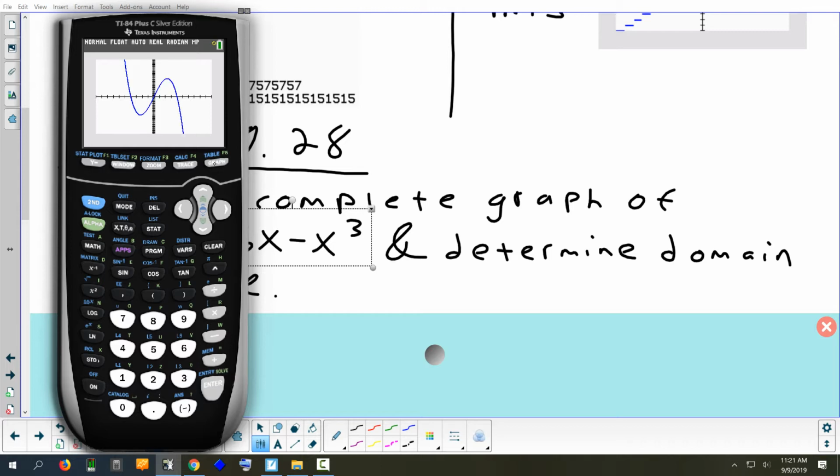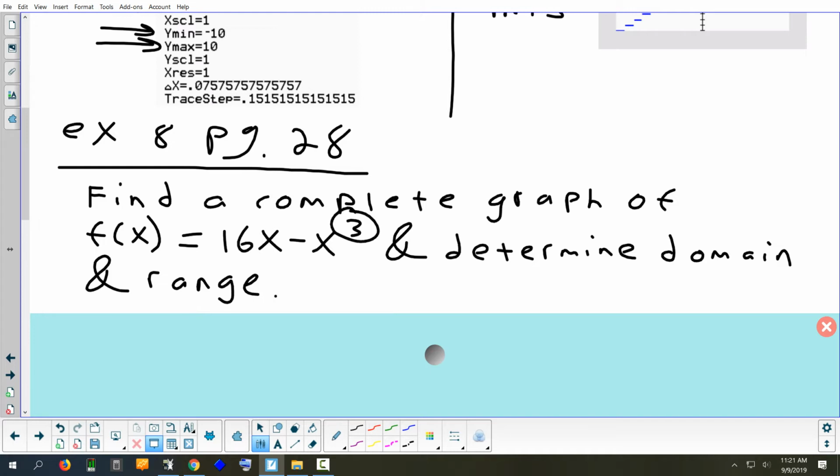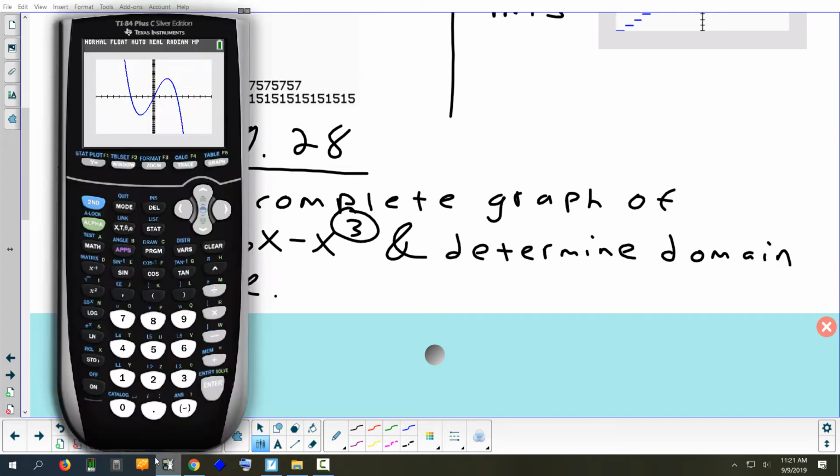Negative 50 to 50. So now I would say that's a complete graph. Which will now help you to determine the domain and range. I know this graph is never going to turn again off the screen. It can only turn twice. And I'm seeing both turns right now. So it's just going to go up forever on the left, down forever on the right.